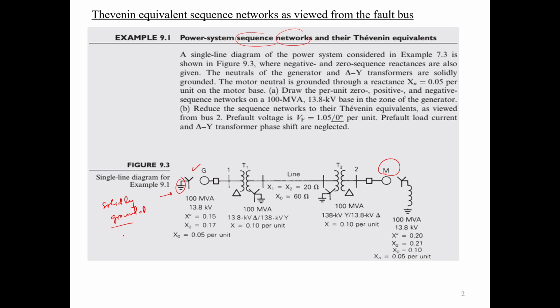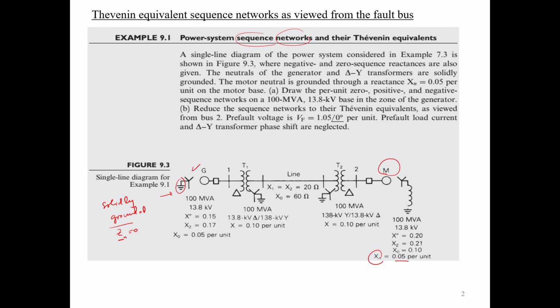Solidly grounded means that the neutral impedance is zero. It's connected directly to the ground. But in this case, the neutral of this motor is not solidly grounded, but grounded through a reactance of 5%. The power system is given, and the parameters, both negative and zero sequence, are given.